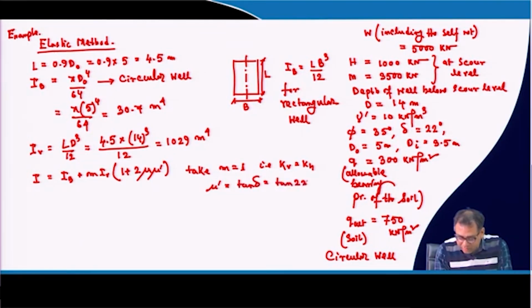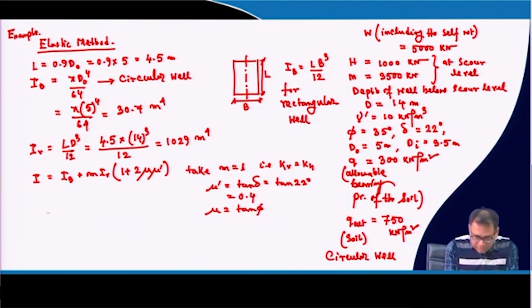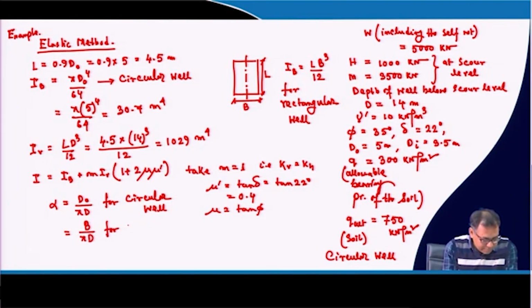So, tan 22 degree is equal to 0.4 and mu is tan phi. Okay. So, now there is a term alpha, how much is alpha? Alpha is d 0 divided by pi d, that is for circular well, and alpha is equal to b by pi d, that is for rectangular well.